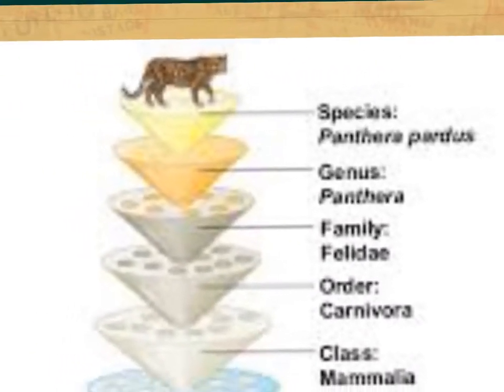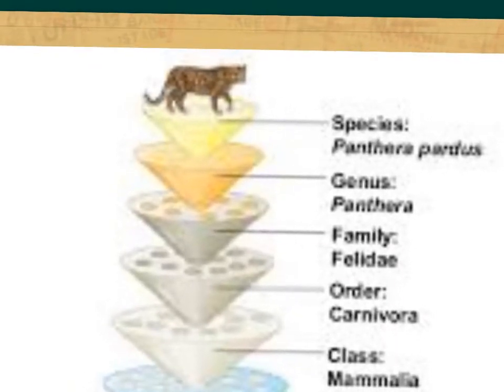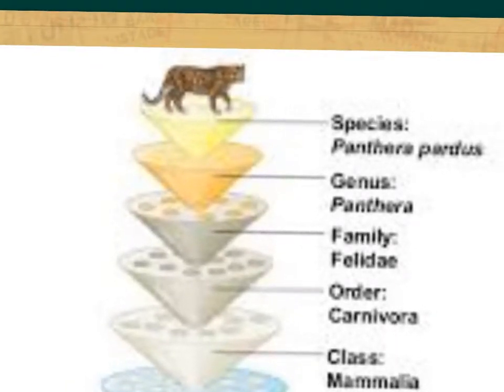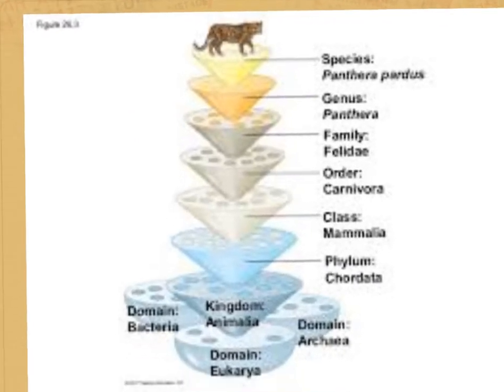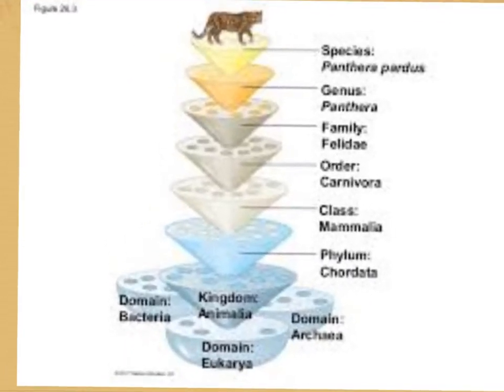Okay, so if we're going from the species, the specific, to the more general, we have the Panthera pardus. That's a pretty blurry picture, but it's a panther. All of the Panthera will be included in this genus.